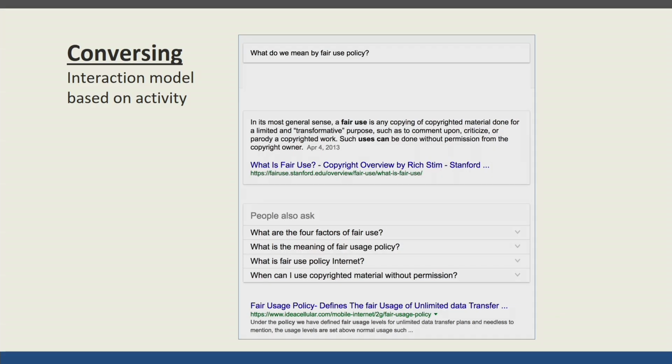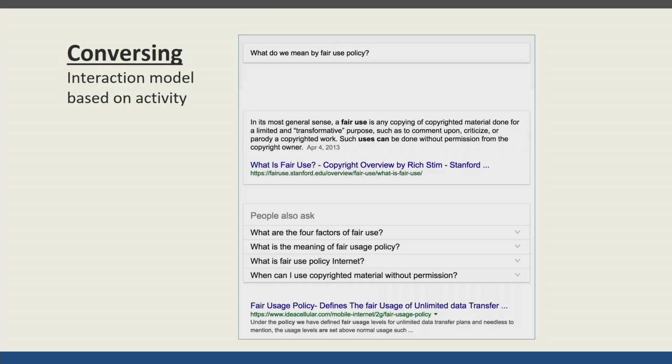And look at the response from the search engine as well. It is also responding to you as if it were a human being. So it says, in the most general sense, a fair use is any copying of copyright material, and so on and so forth. And then it's saying that people are also asking these many questions.